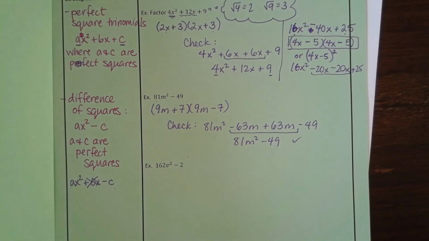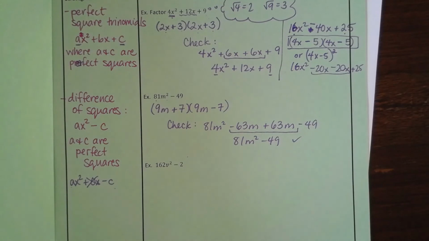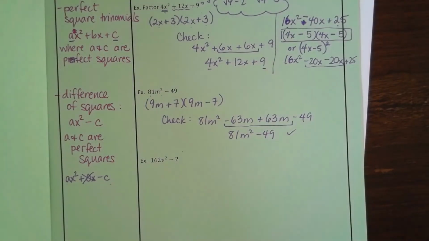All right, let's take a look at the very last problem on the page. Now I hope you're a little bit confused for a second, because 162 and 2 are not perfect squares.